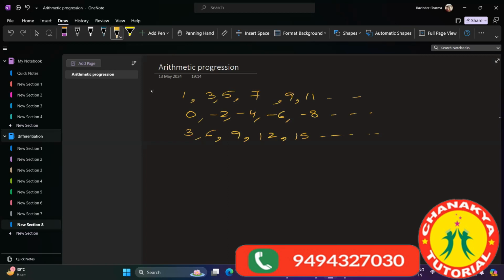These type of patterns you have seen in your lower classes also, right? In grade 5 there was a chapter on patterns, right?